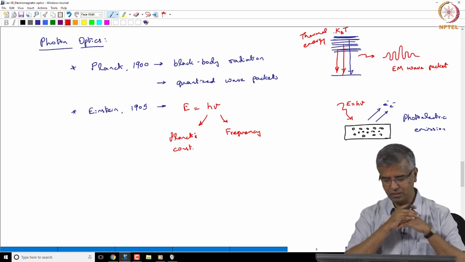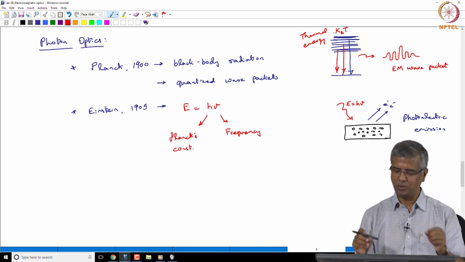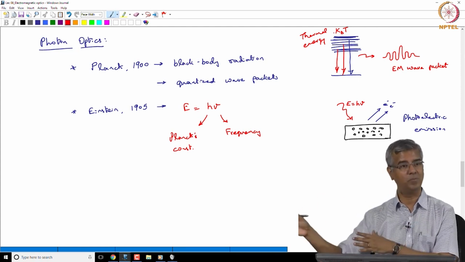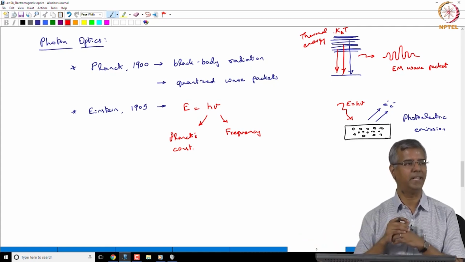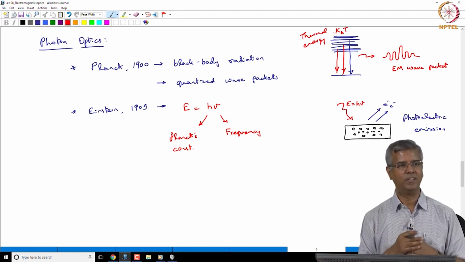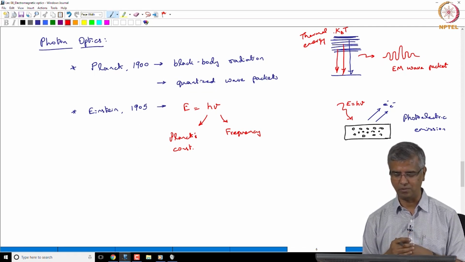So key thing is, Einstein actually took something that Planck had done and then applied it to some other long-standing problem, and then said, light consists of photons. Okay, so light propagation can be characterized as propagation of these particles known as photons.